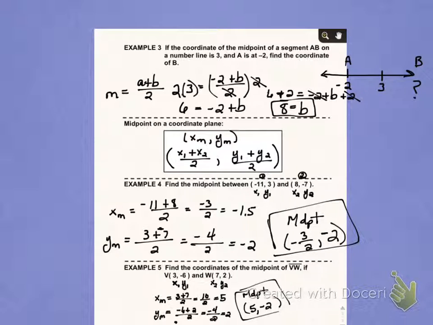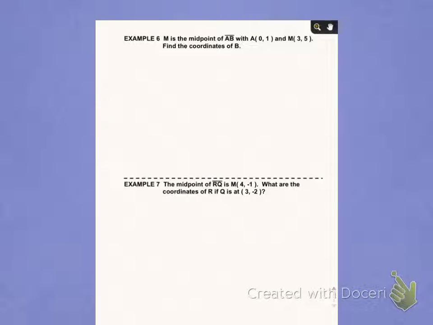Now let's look at our last two examples. We have M as the midpoint, and you've got the coordinates. This is like that last example when we did just the straight two endpoints.